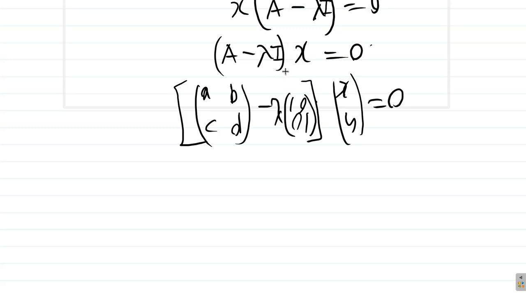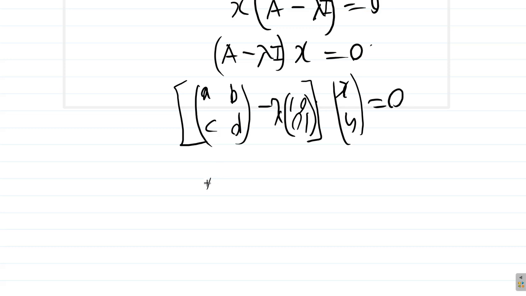In order to find x, you would have to say x equals 0 over A minus lambda I. But the thing is, you can't do that directly with matrices. You can't just divide like that with matrices.